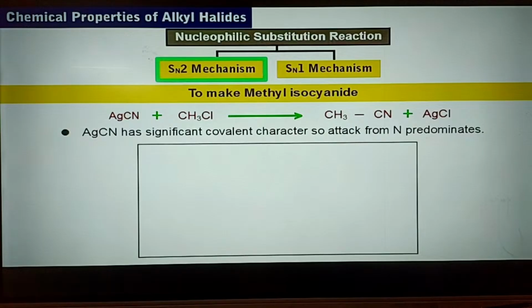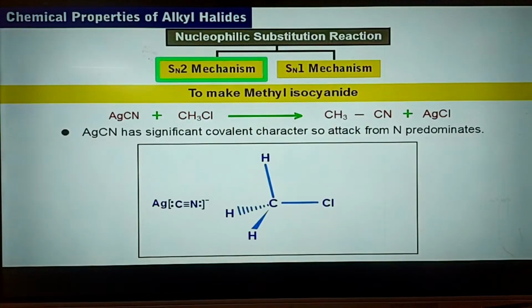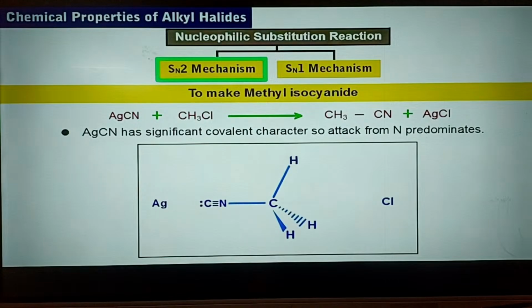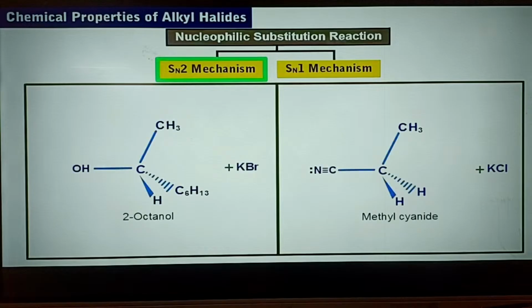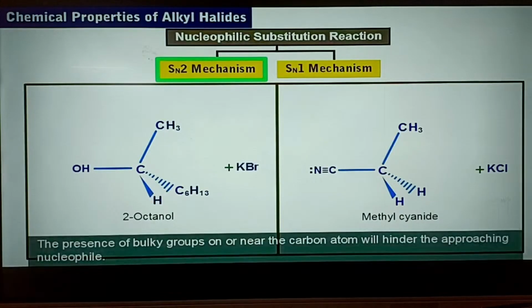Since silver cyanide has significant covalent character, linking through the nitrogen atom predominates. As you have seen, the reaction involves the approach of the nucleophile to the carbon bearing the leaving group.